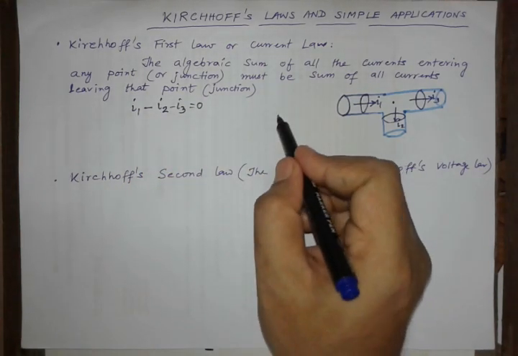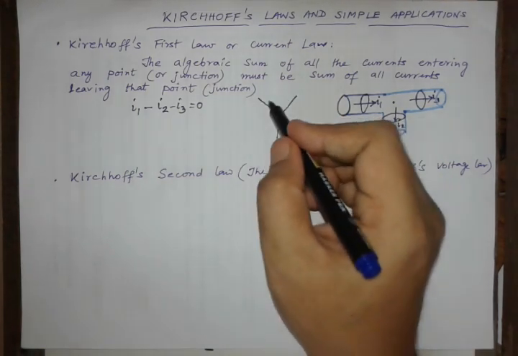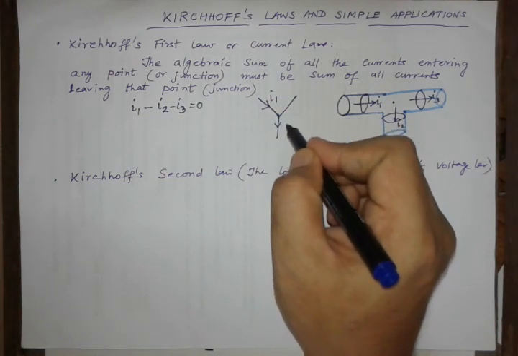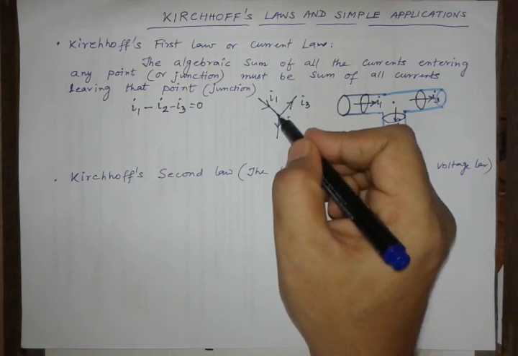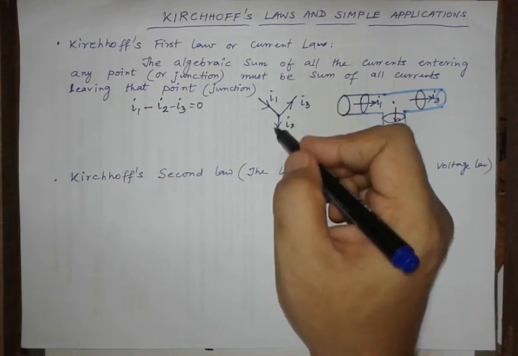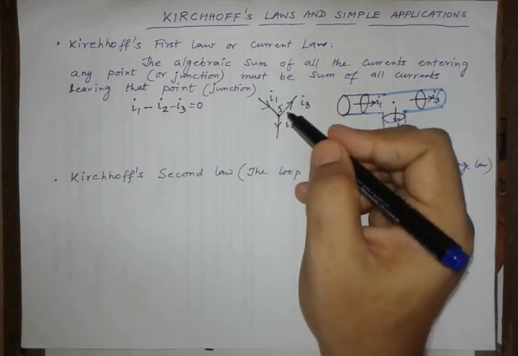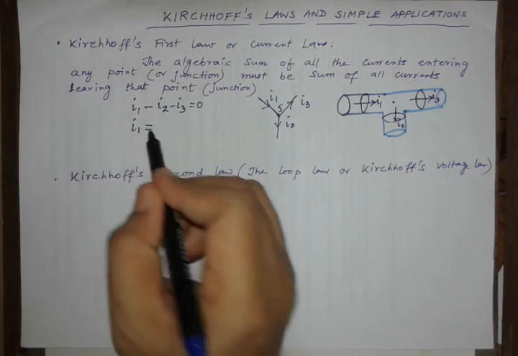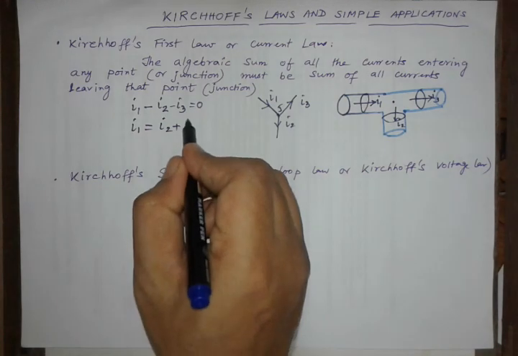Normally, you can take a point here, where currents are coming from different directions. This is I1, this is I2 and this is I3. I2 and I3 are going in the other direction, and I1 is coming to the junction. This is the junction, J. So you can write I1 is equal to I2 plus I3.